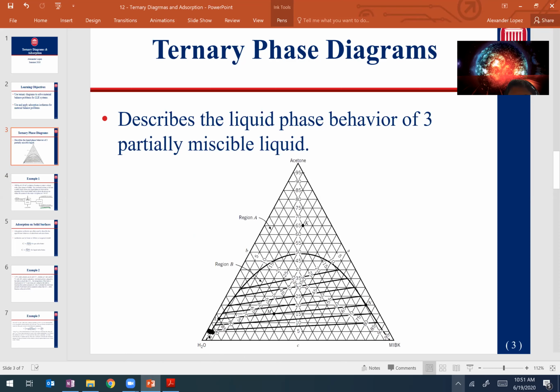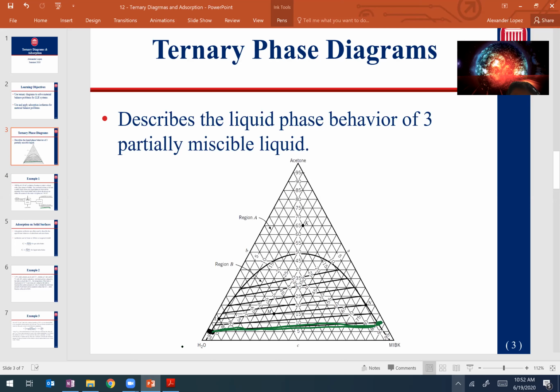Because if I want that phase to form, by the tie line, I also have to have a phase on the other side of the tie line form, or one here. Does that make sense? And so the composition I'm looking for in terms of MIBK has to fall somewhere on that tie line.